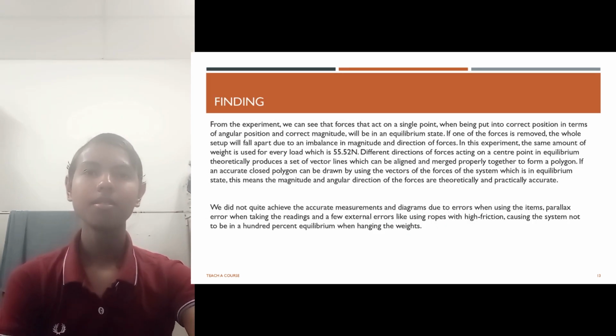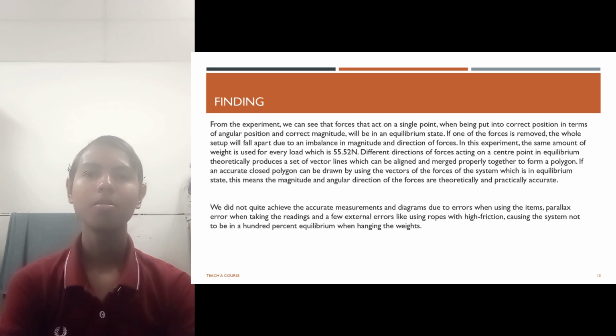Finding. From the experiment, we can see that forces that act on a single point, when put into the correct position in terms of angular position and correct magnitude, will be in an equilibrium state. If one of the forces is removed, the whole setup will fall apart due to an imbalance in magnitude and direction of force.